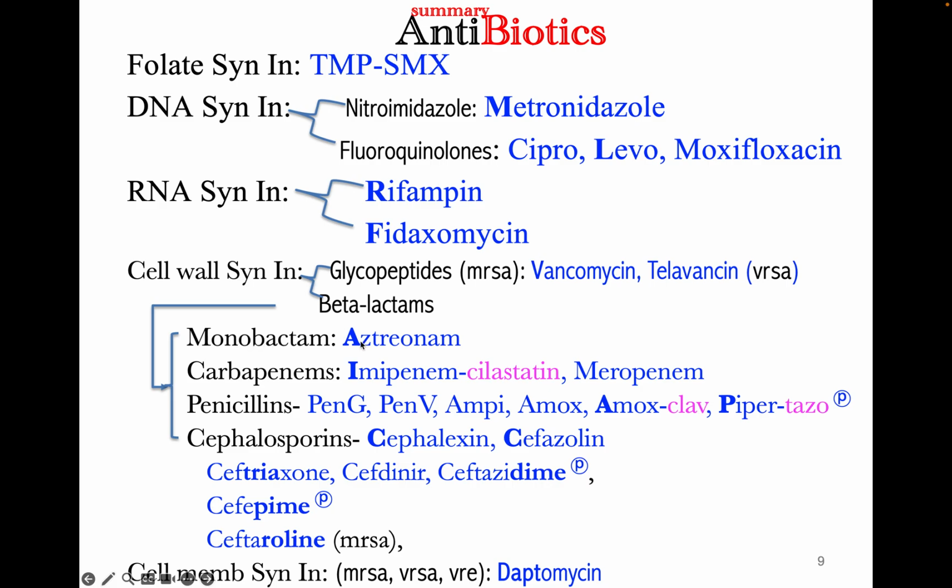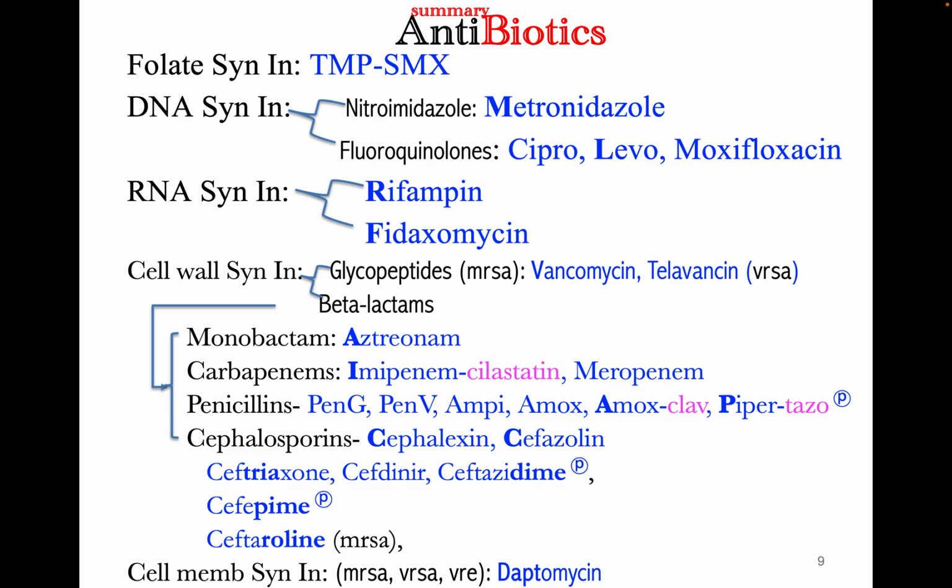Monobactam, one drug, the way I remember it is Aztreonam. That means it has gram-negative aerobic coverage. Okay, so remember these cover gram-negative aerobic bacteria, and these are very strong drugs.